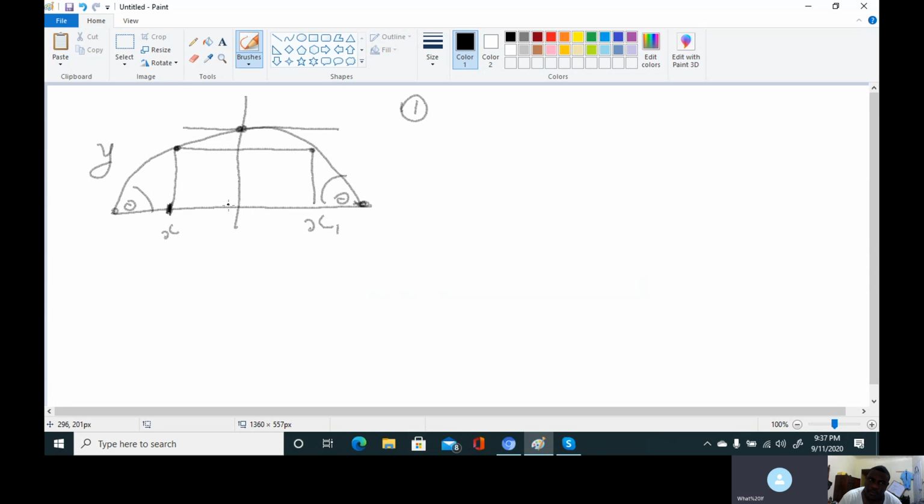Notice here again, at this particular time, this is your y value. But at another time, at another value of x, you have the same y value. And of course, this is what the equation is telling you.